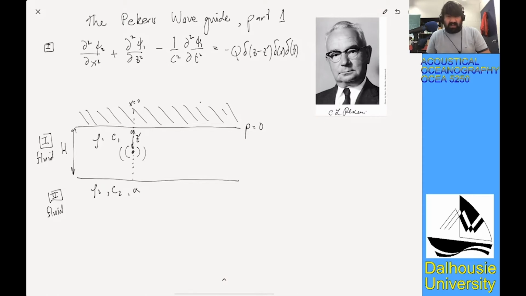So now we need to solve that. Do we have enough information to solve this? Well, not really. So what are our boundary conditions? We have the one boundary condition at z equals 0, but what are our boundary conditions at z equals H? Well, we talked about this a while ago.